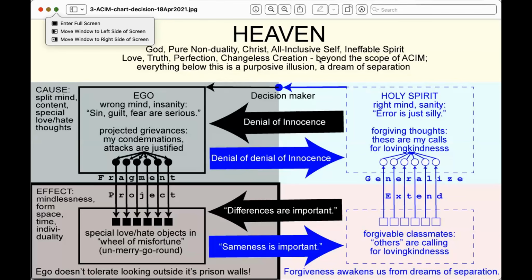So if you drop down from that darker blue rectangle to underneath it, to effect, we get mindlessness, form, space, time, individuality. And then because we made special things, we have a special love-hate relationship or special love-hate objects in this wheel of misfortune, the un-merry-go-round of things that are constantly changing and shifting, and all the various specific things that seem to be are the things that torment us.